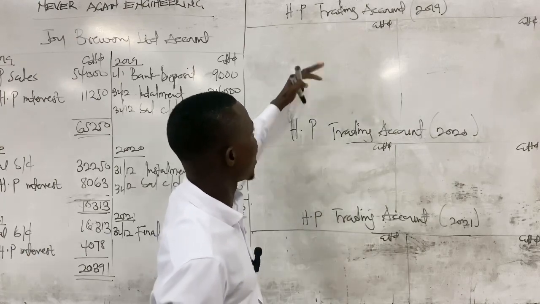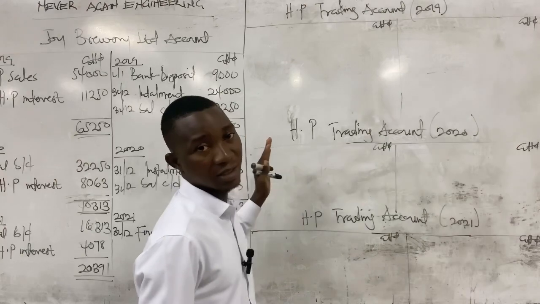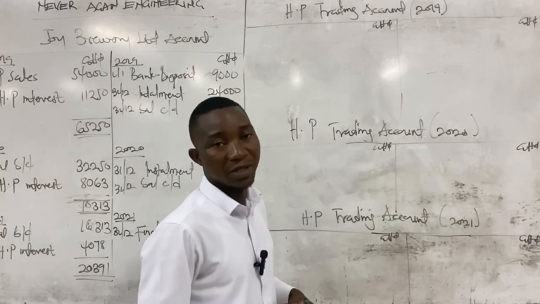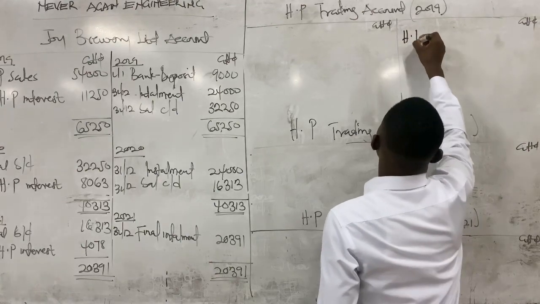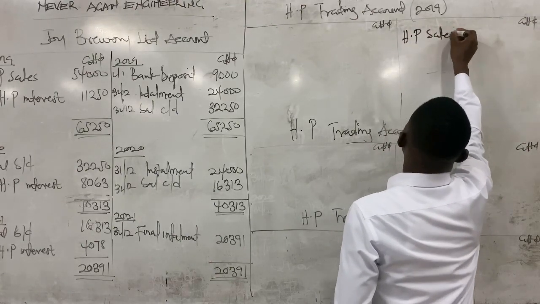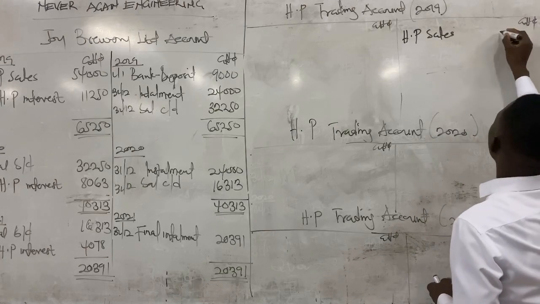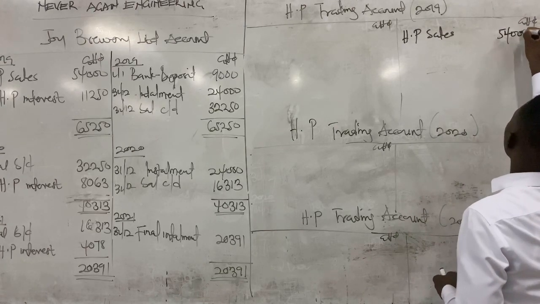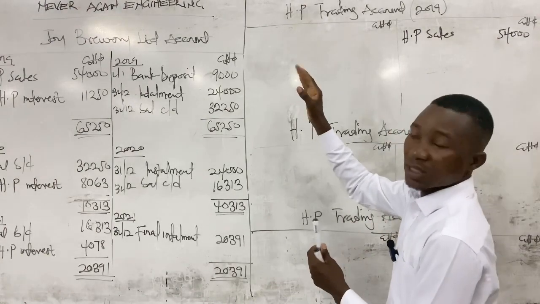So this is the trading account, and the selling price of the assets will be transferred from the high purchase sales account. We have HP sales, and the amount is 54,000. Then we compare with the cost.